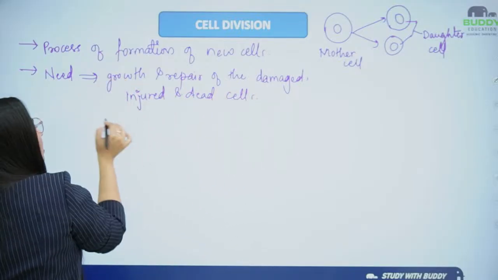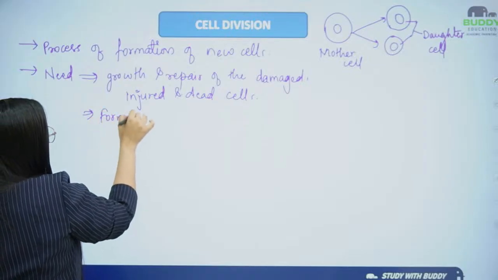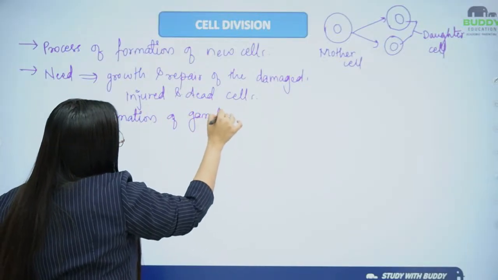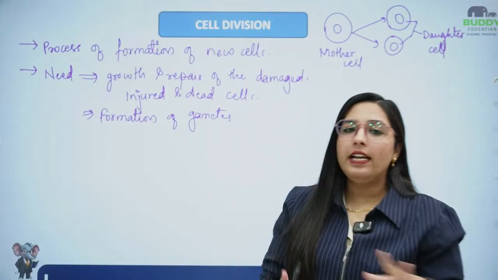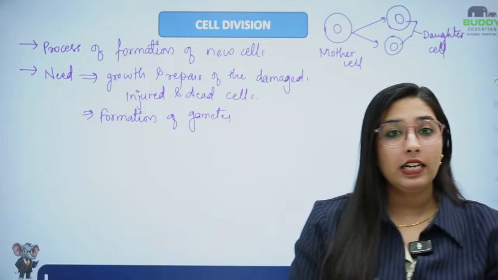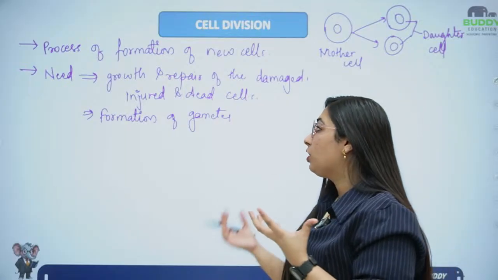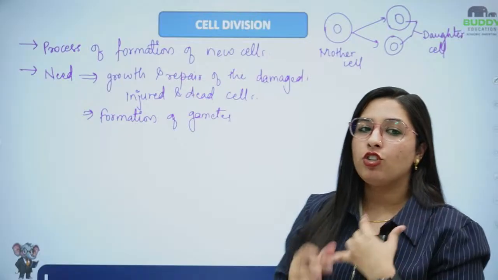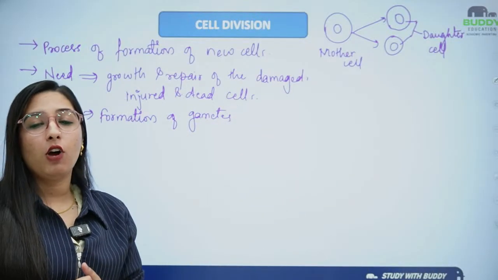This is one need, and there is one more need: the formation of gametes. Understood? So cell division is a process of the formation of new cells. We need it for the formation of gametes and for the growth and repair of damaged, injured or dead cells. For all these purposes, we need the process of cell division.